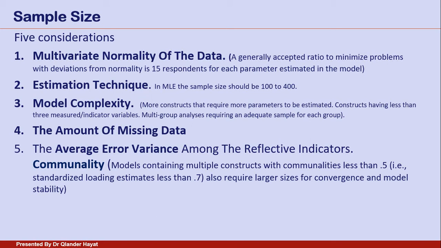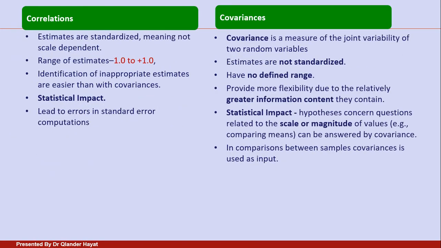The fifth thing is average error variance among the reflective indicators. For example, when we talk about the communalities of the factors, models containing multiple constructs with communalities less than 0.5, or standardized loading estimates less than 0.7, then you are required to use a larger sample size for convergence and model stability.